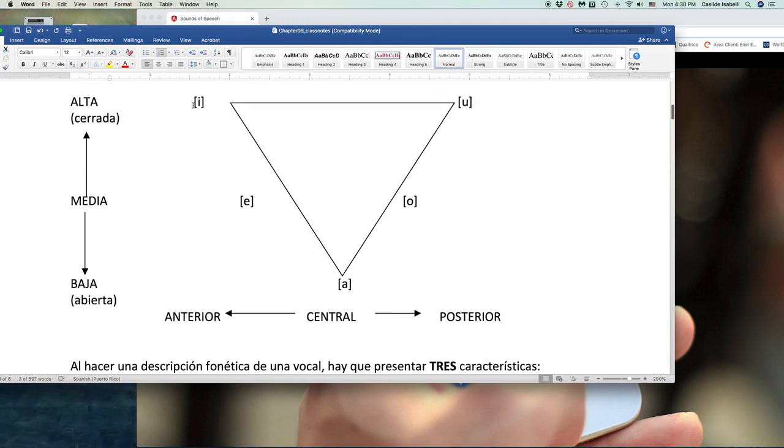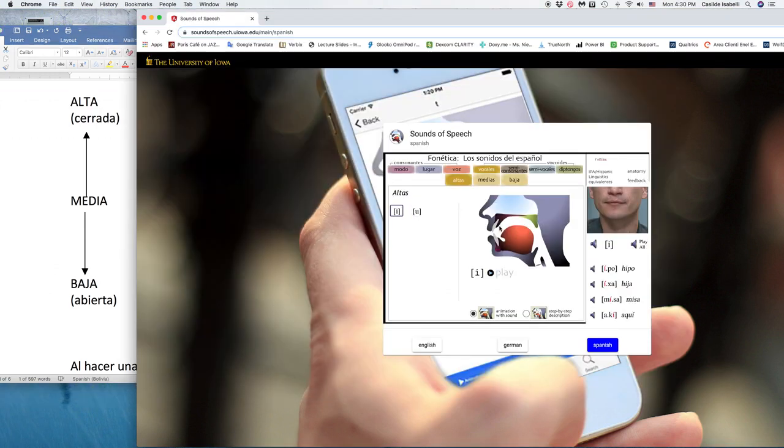So again, we're looking at E. They're telling us that the tongue is in a high position and towards the front of the mouth. This is the back. And it's best pictured in this drawing here where we see the tongue is going to be up high and towards the front to say E.